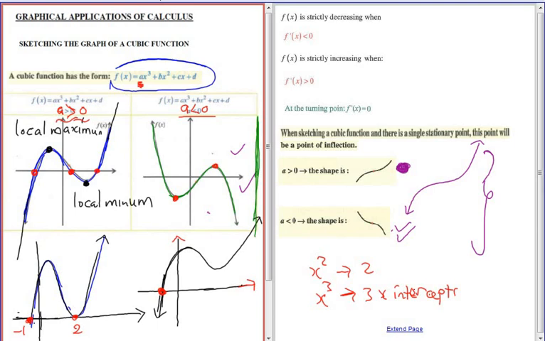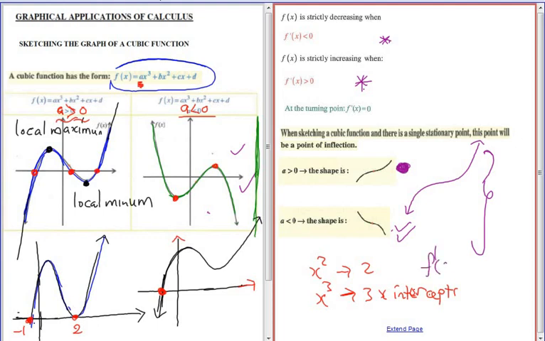Before I teach you how to sketch these graphs, I want you to understand what these knots that I put here mean. Now, when we did calculus at the beginning, I told you that the first derivative was an expression for gradient, isn't it? It was an expression for gradient at any point on a curve.